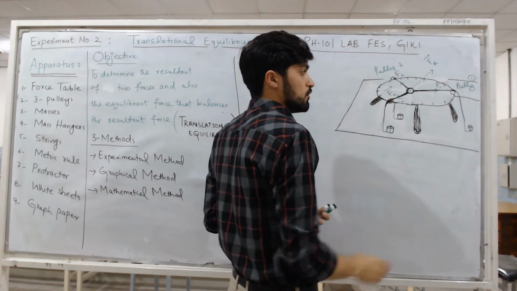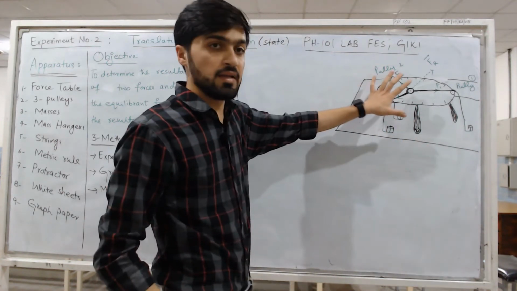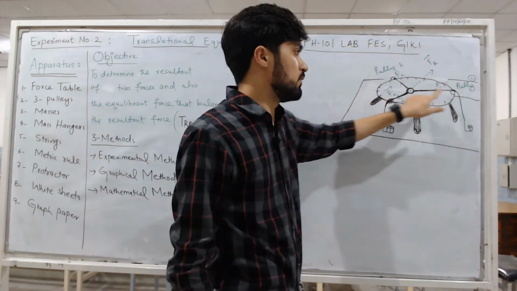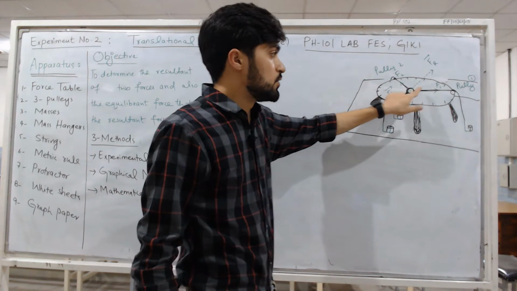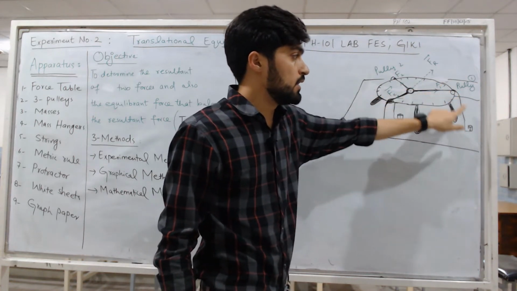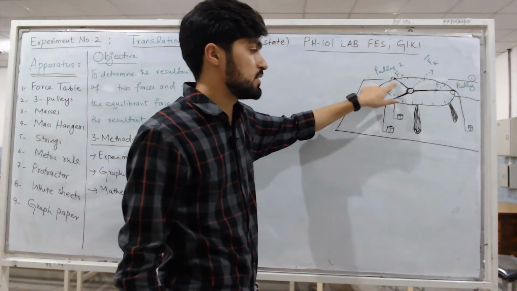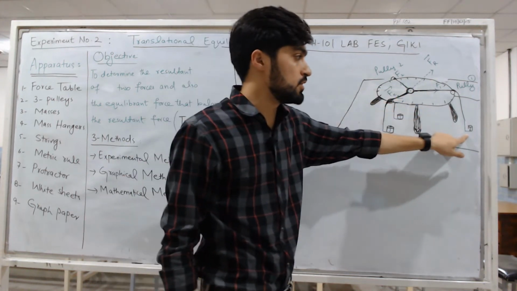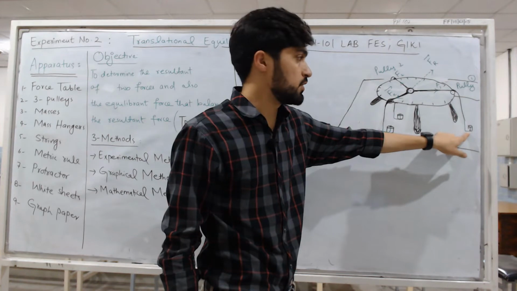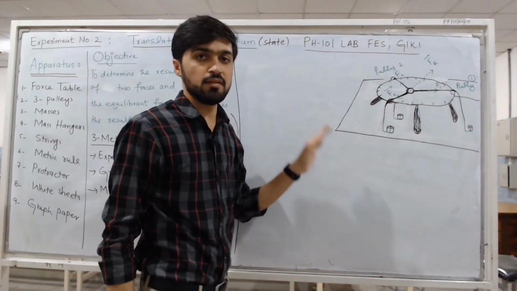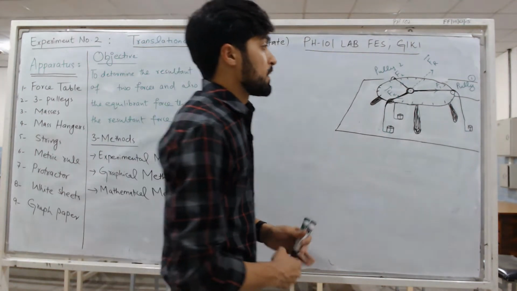First we will make an initial setup of our force table, using strings that pass over the pulleys and attach to the mass hangers: the first force, the second force, and the equilibrium force. The masses may be equal or different.